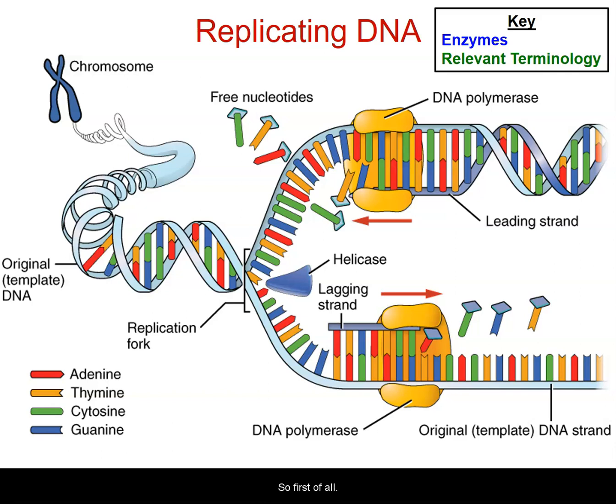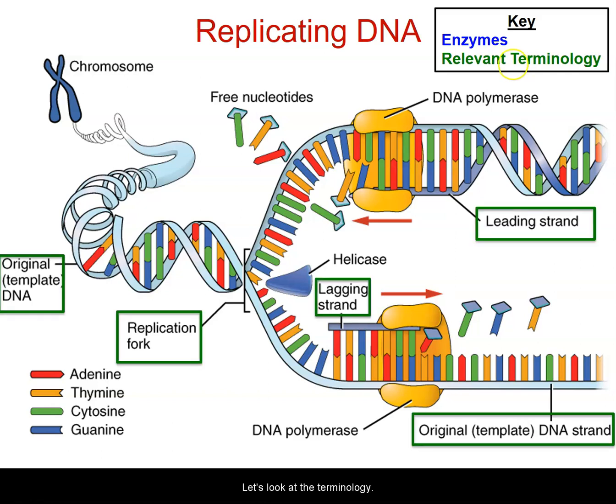So first of all, let's look at the terminology. Template DNA is the original DNA strand that's being replicated. The replication fork is being unzipped and replicated in 2 different directions. And we have other terms that are new that you're going to need to know.